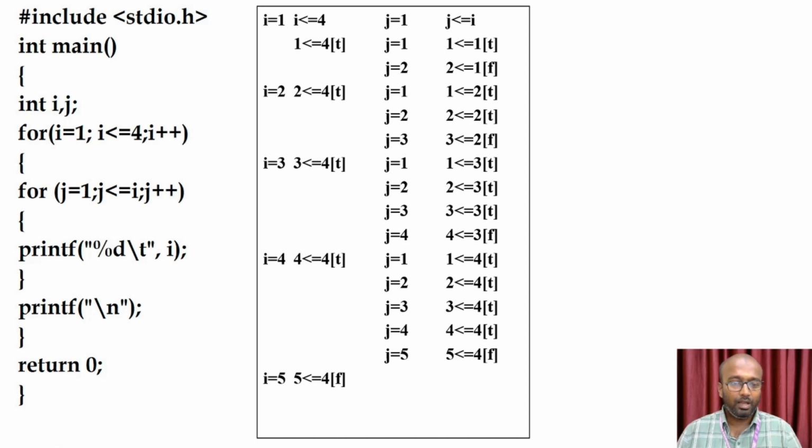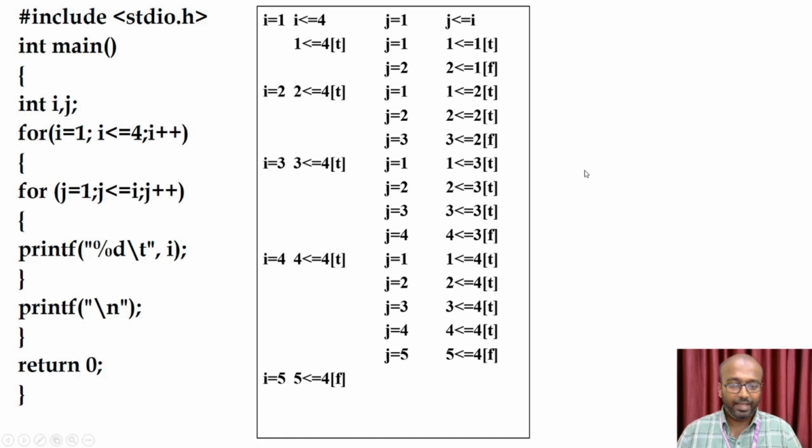i. Now i becomes 3, then the condition checked is 3 less than or equal to 4, the condition is true, and since the condition is true, it enters the inner loop, j is initialized to 1 again, so 1 less than or equal to 3, the condition is true.